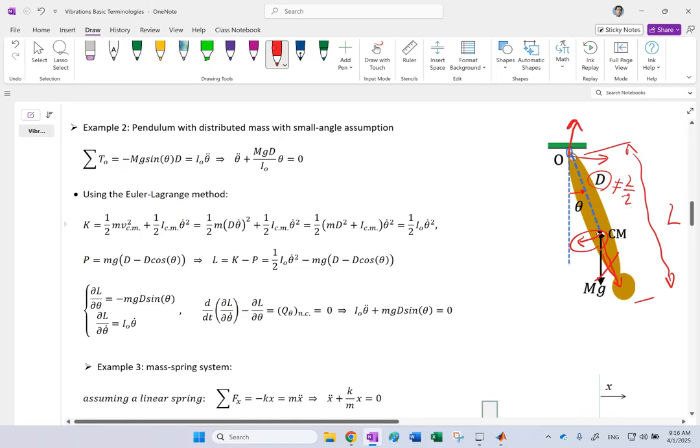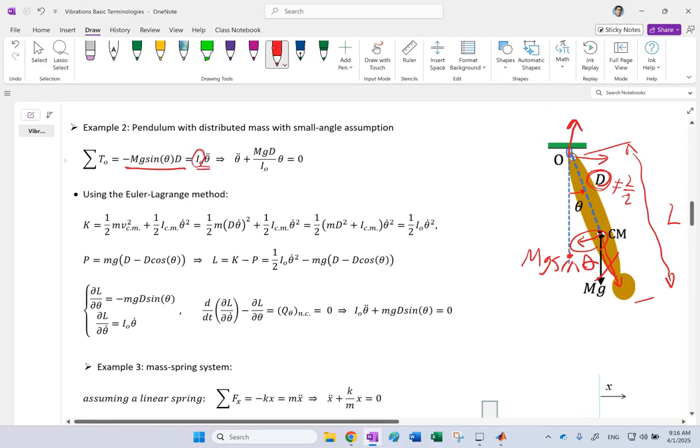Mg sine does, except this mg sine this time should be multiplied by distance d. And of course, again, for the counterclockwise theta, the moment of this is negative. So you get negative mg sine theta. You multiply that by d with the negative sign, that's your torque, equals I or J, whatever you want to call it, about O times theta double dot.